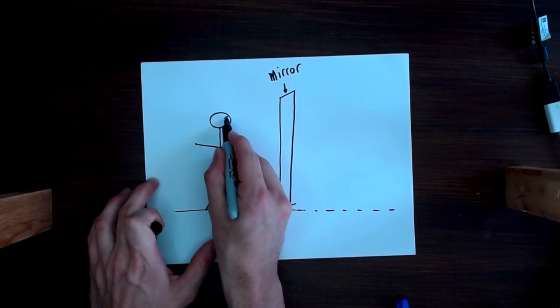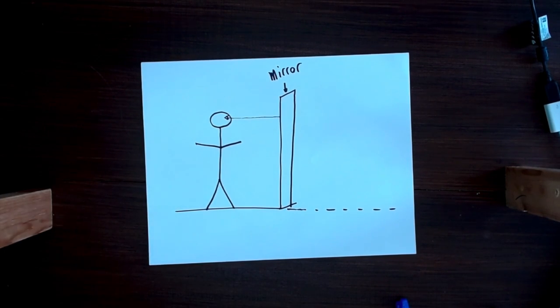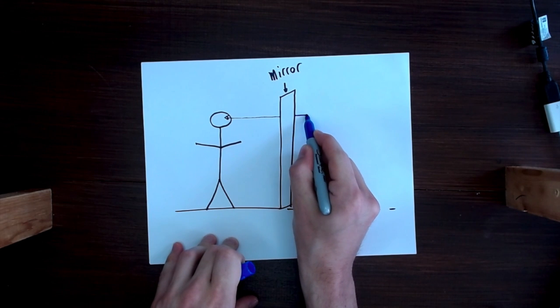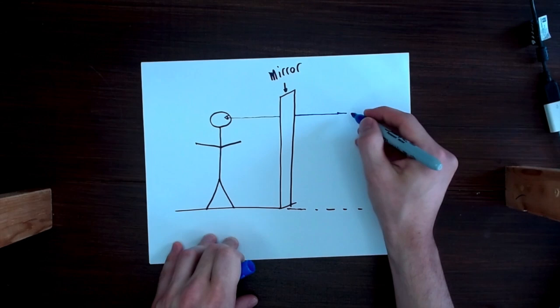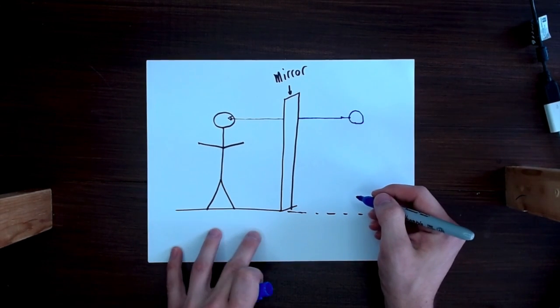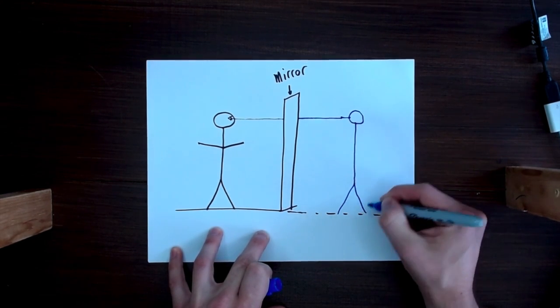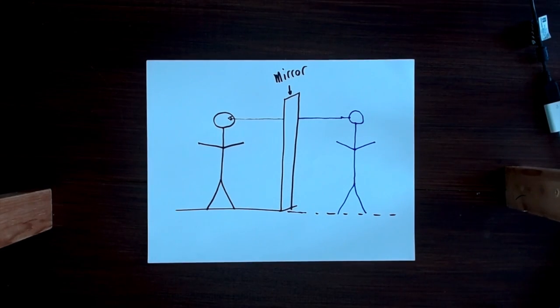When the person looks directly forwards like that, what they'll see is, behind the mirror at some position, that same point. So they'll see their head back here. Similarly, they'll see their body going down and their legs here and here, and their arms here and here.